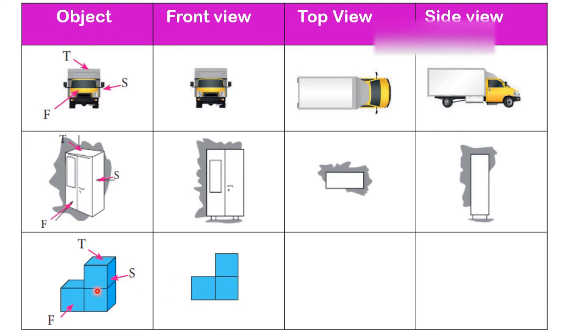If we look at this object from the top, here 1 square, then here 1 square, isn't it? So totally 2 squares are there. So you have to draw 2 squares like this. The same way, if we look at this object from the side, here 1, 2. 2 squares are there, isn't it? So you have to draw 2 squares like this.